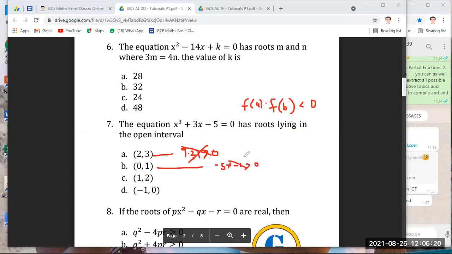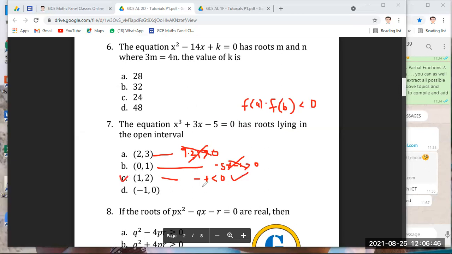So this cannot be the interval where the root is found. If we test for 1 and 2, the first one will be negative. When we put 2, 2 to the power 3 is 8, plus 6, 14 minus 5, 9 is positive. So we have the first one negative, the second positive. When we do this product, our result will be negative. So this tells us that the root is in this interval.